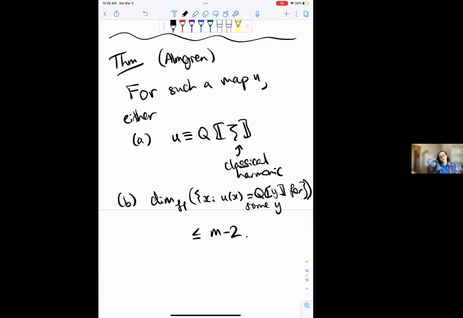Right, and this dichotomy is proven by a dimension reduction argument, analogous to the one due to Federer in the codimension 1 setting for the singularities of area minimizers. That's because you don't see these branch points at the level of the linearized problem. So you can blow up around a singular point and you get a tangent function, which turns out to be homogeneous of some degree.